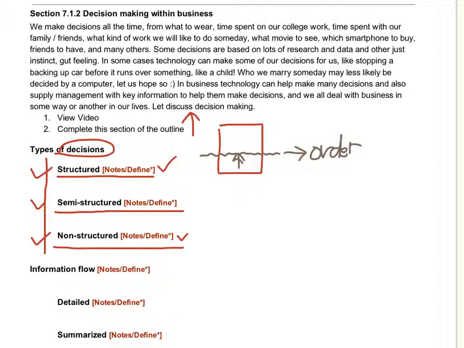Okay? Makes sense. Let's use another scenario: if the temperature inside the coolers at Fairway or something goes below a certain point, somebody's notified. It's a structured decision. There's a point there, it can make a decision. It can send an email, send off an alarm or something, because something's wrong in the cooler.